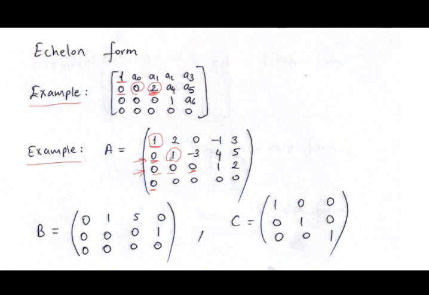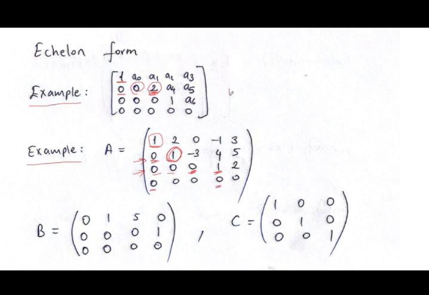For the second row, the leading term equals 1, and below that, in the third and fourth rows, we have zeros. Then we have one non-zero term here, and below that, again, we have 0 in the last row.